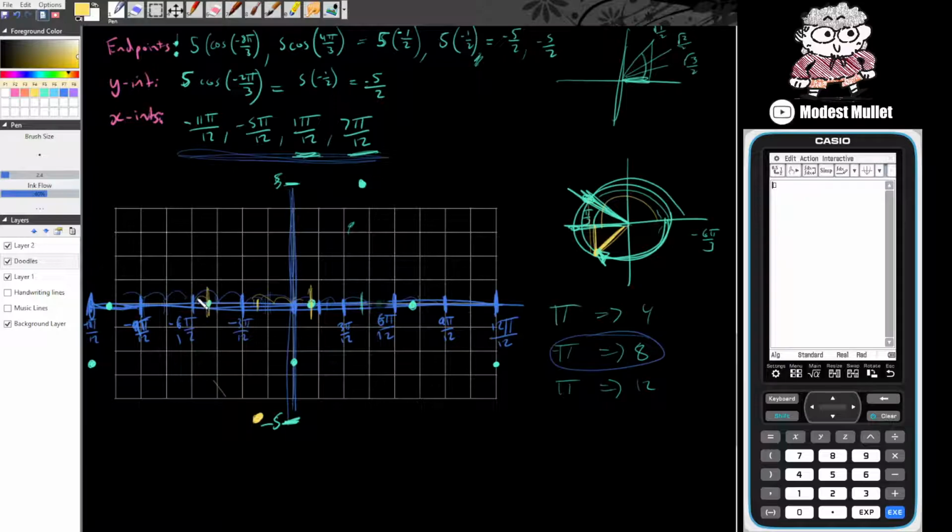And then add 1, 2, 3. The other max is up there. And the min on the right hand side, that was at 7 pi on 12. Add 3 pi on 12 to it again, takes us to 10, which is there. So there's the other max.